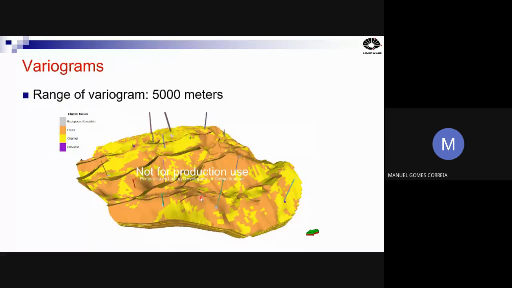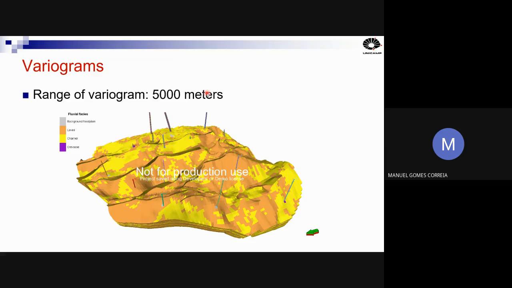One attribute that is important to define the connectivity between the phases, the correlation between phases, is the variogram, okay? Here you can see an example. The range of the variogram is 1,500 meters.